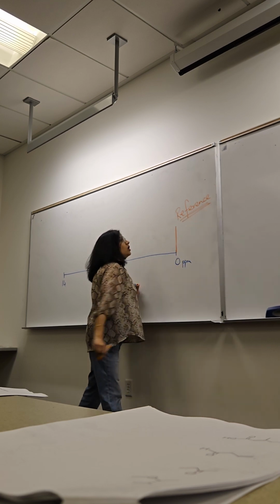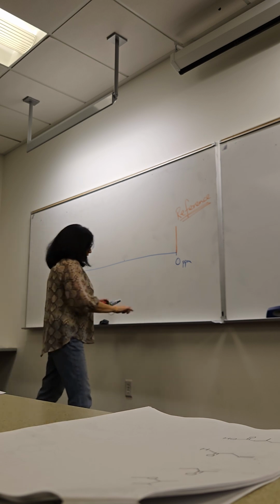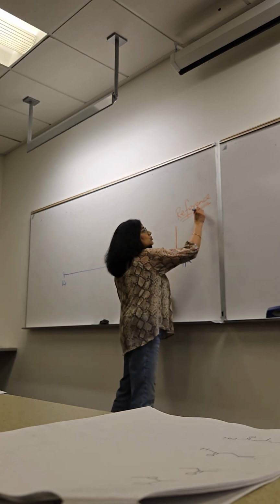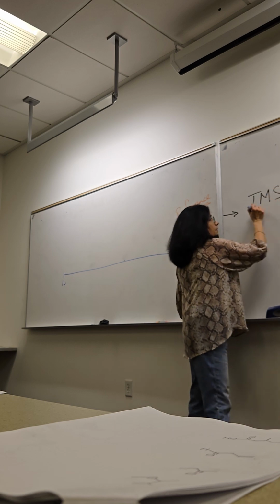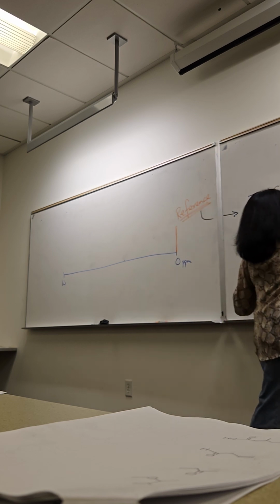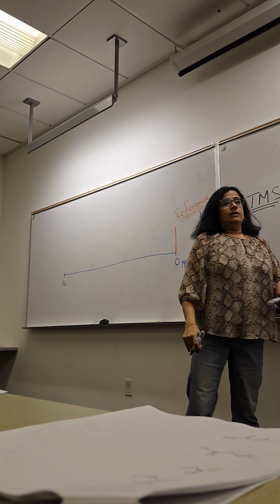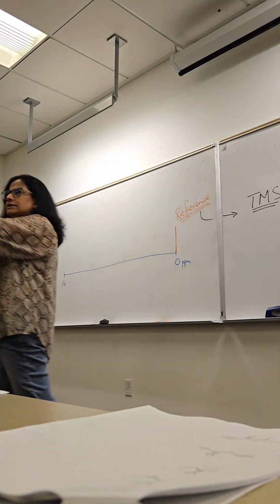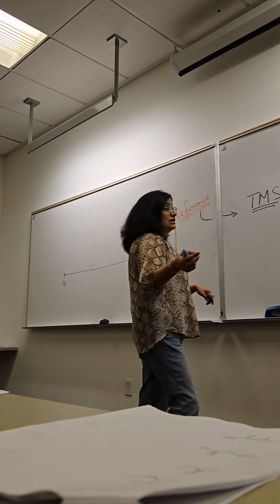The reference compound used in NMR, no matter which NMR you do, is TMS. It stands for tetramethylsilane. What do you think silane is referring to? Silicon, exactly.